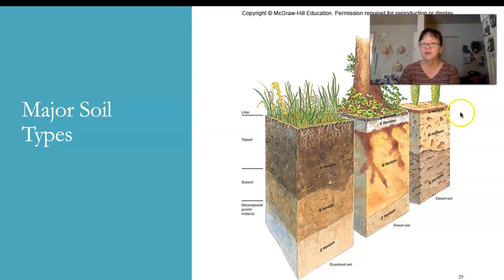It has a lot of biological activity, but it is not very rich. A lot of people think we can cut down the forest and turn the forest land into crop field, but that is not a scientifically reasonable solution for growing crops. You can see how poor that forest soil is.